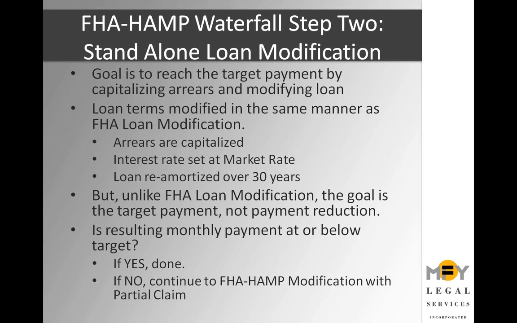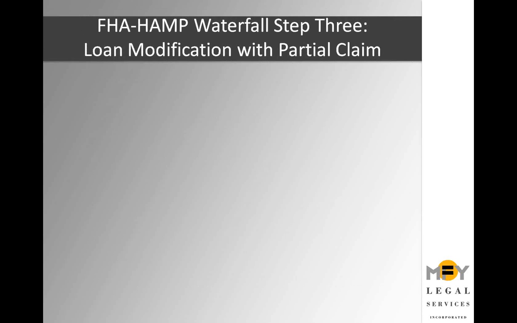And all of this is based on the payment covering principal, interest, taxes, insurance, and FHA insurance. So that's the 10% and $100, and that's the target payment. So if that creates a payment that's below your target, that's what you get. You get the standalone loan modification.